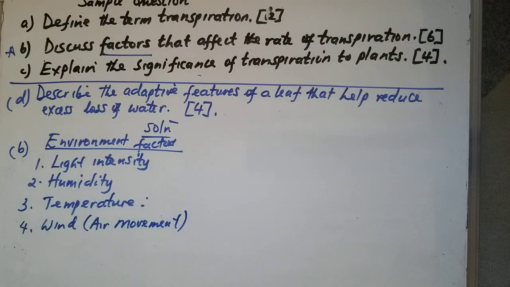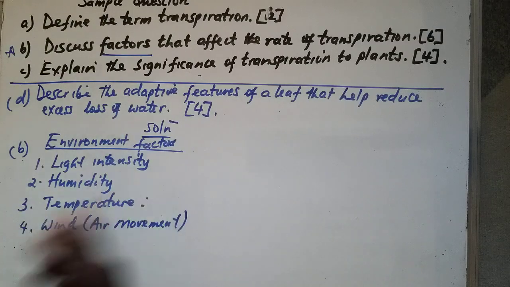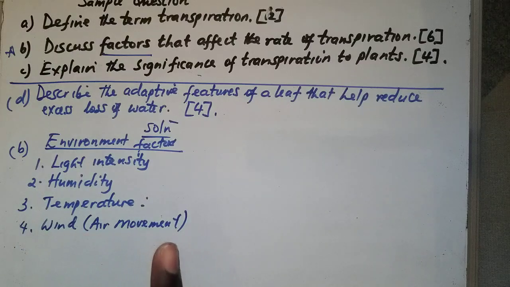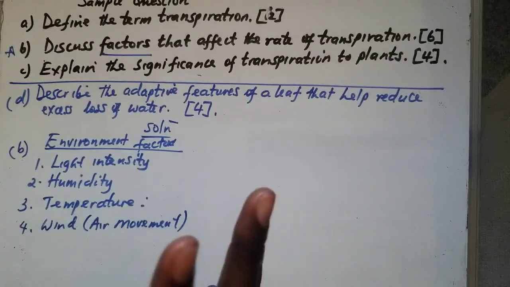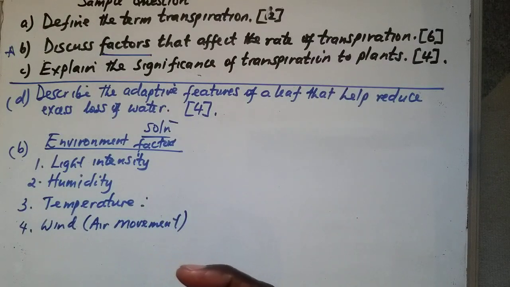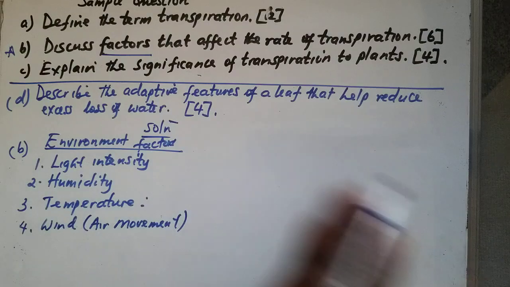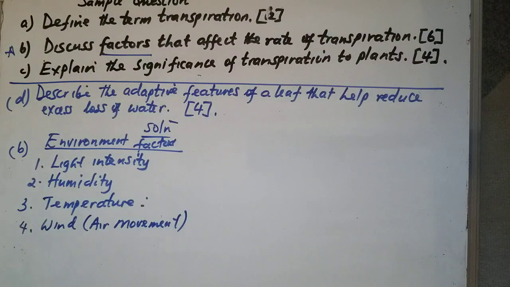The movement of air helps regulate the amount of water vapor that is surrounding the leaf. The presence of wind blows away the layer of humid air, and thereby increases the rate of transpiration. So it blows away the humid air, and that increases the rate of transpiration.